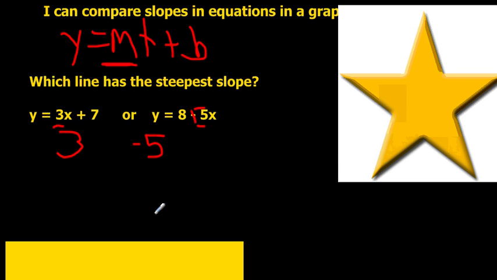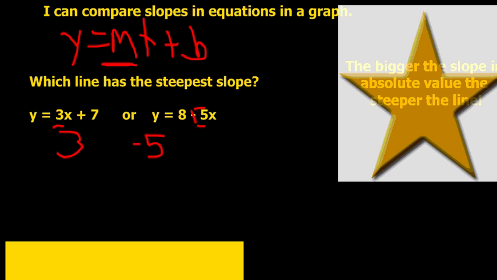If I were to think about what it means on my graph, this means that this line is going up from left to right, and for every 3 it goes up, it goes over 1. This line is going down, but for every 5 it goes down, it goes over 1. So it's going down at a much faster rate.